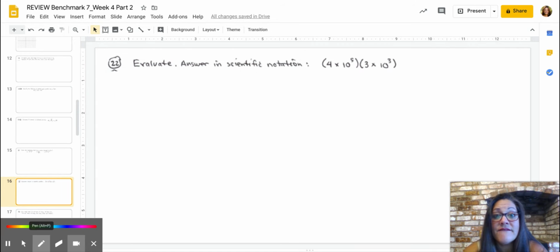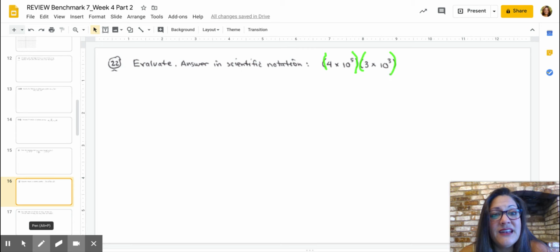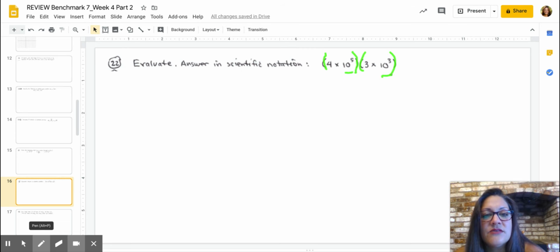Okay, evaluate, answer in scientific notation. Looking at this, the parentheses clue me in that they're being multiplied times each other. So I'm going to add the exponents from the 10s.